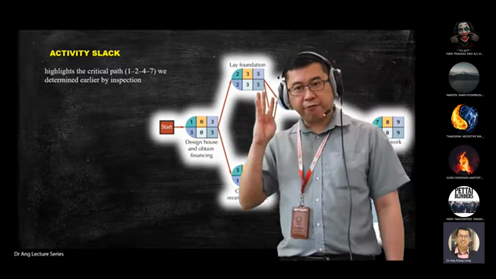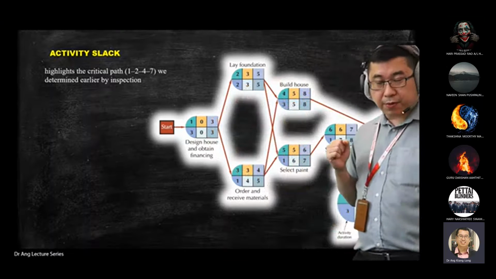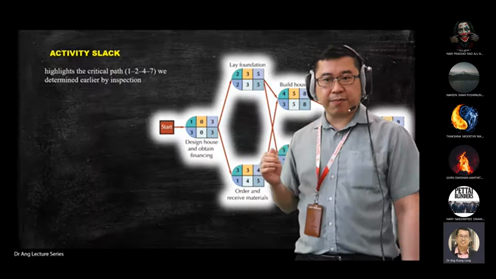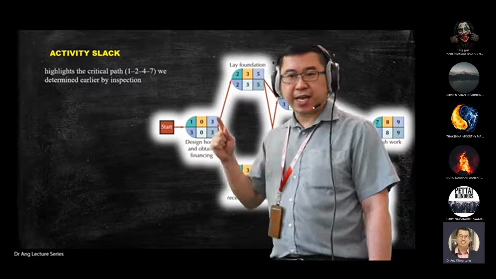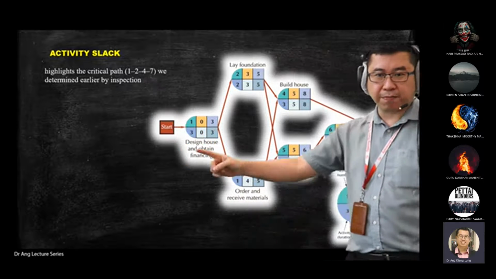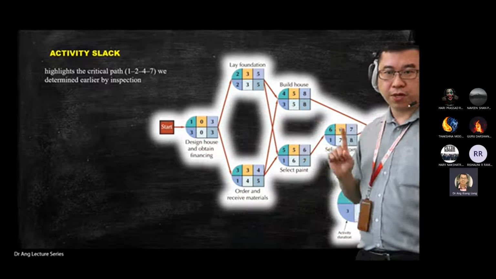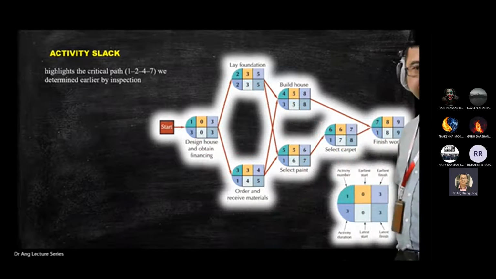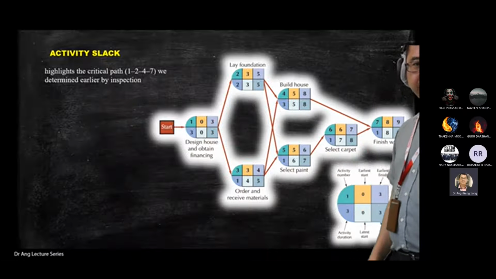We have 4 pathways on the diagram that we've seen from the AON diagram, A, B, C, D, that we calculated previously, and the pathway of 1, 2, 4, 7 is the critical path.